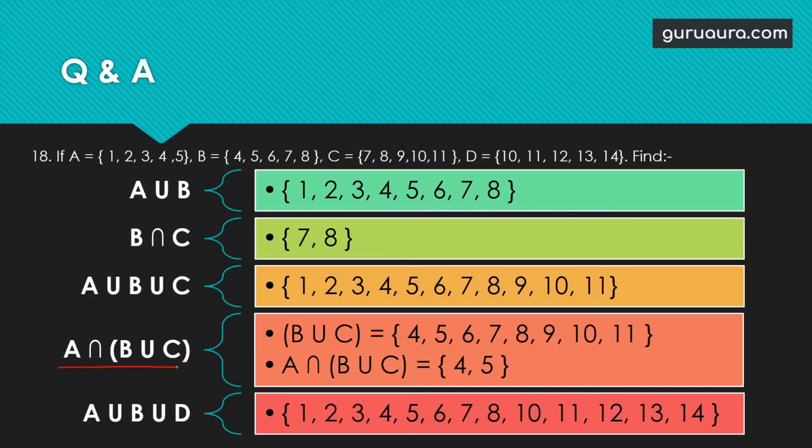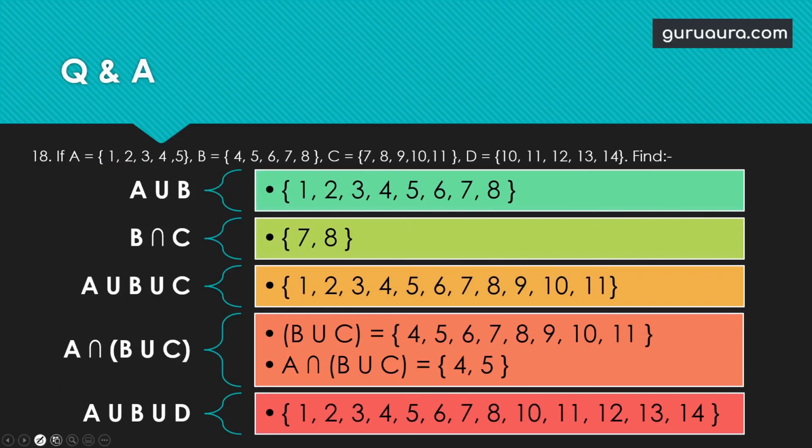That is A intersection B union C. Here firstly we will find B union C. That is 4, 5, 6, 7, 8, 9, 10 and 11. Then we shall do A intersection B union C. That is the common elements from the set A and B union C. That will be 4 and 5.